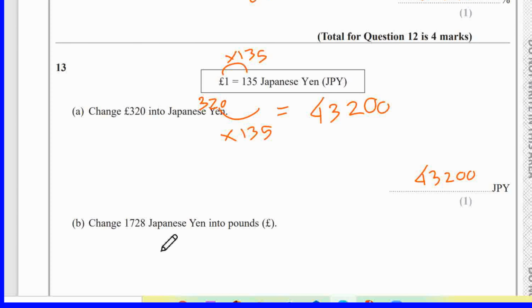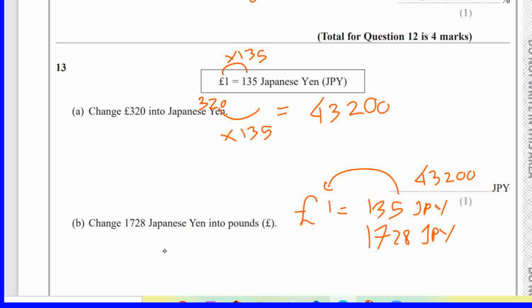Okay, change 1728 Japanese yen into pounds. So from yen to pound we have to divide. Yen to pound, we have 1728 Japanese yen.